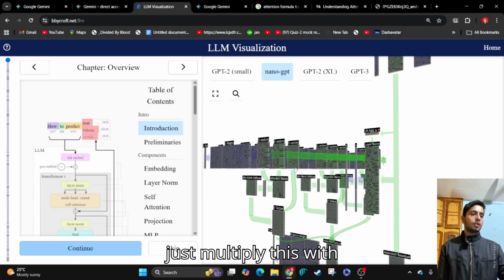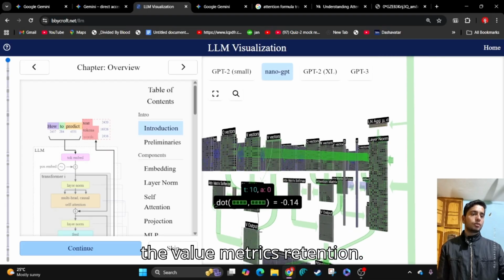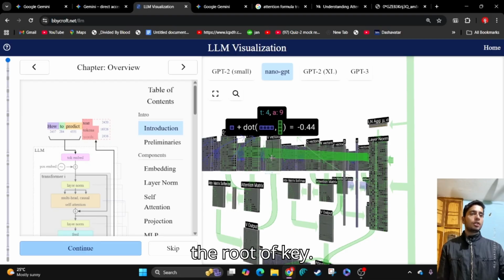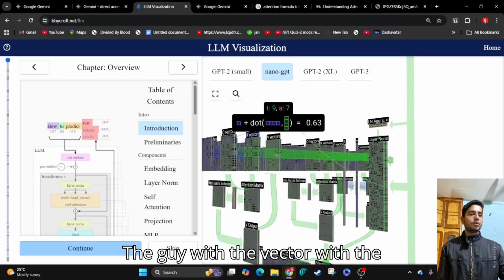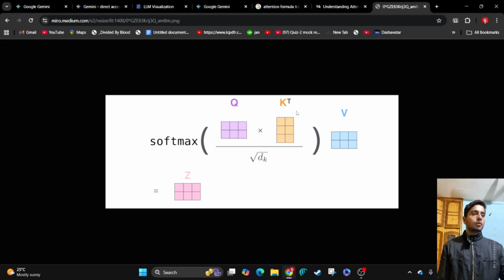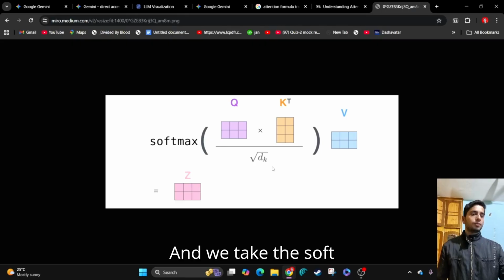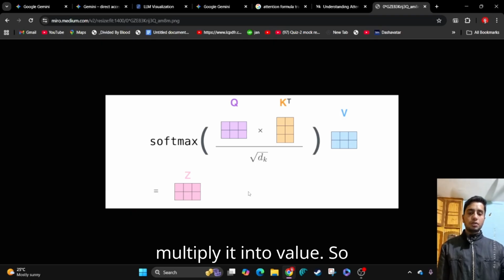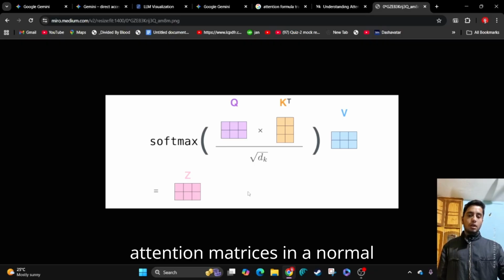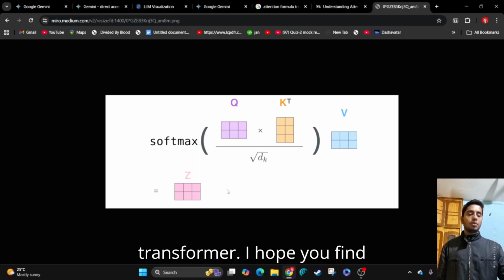Then we multiply this with the value matrix. So attention is the softmax of Q K^T divided by the root of d_k, multiplied with the value matrix, and you get the output. This is how attention is calculated in a normal transformer.